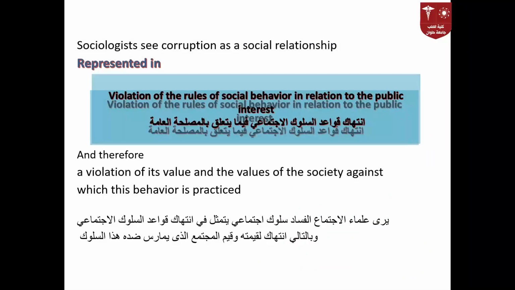We will find the sociologists see corruption as a social relationship represented in violation of the rules of social behavior in relation to public interest, and therefore a violation of its value and the values of the society against which this behavior is practiced.